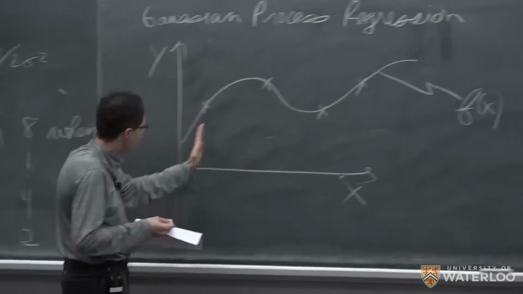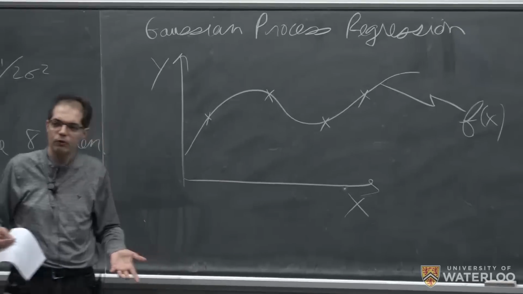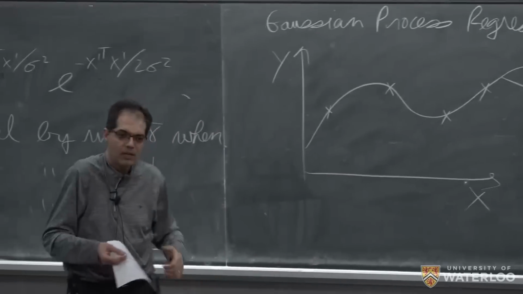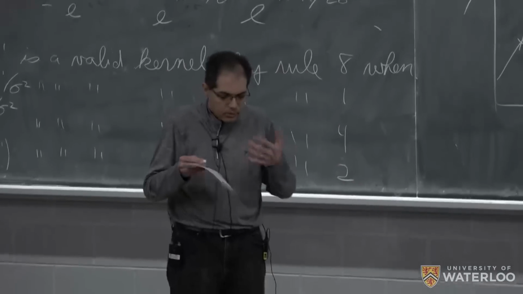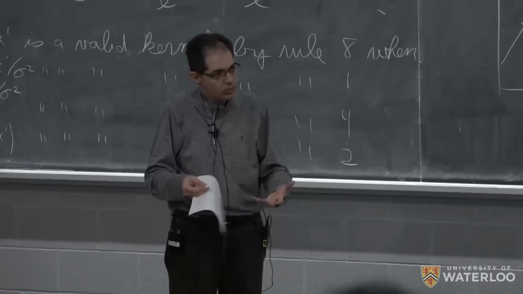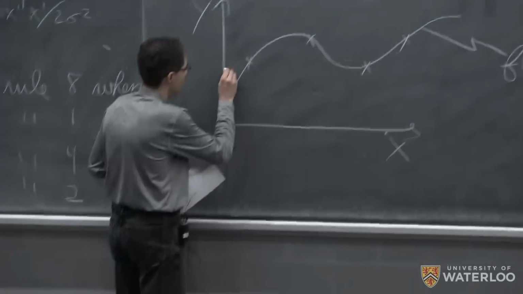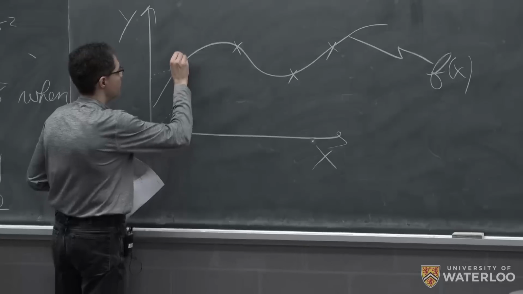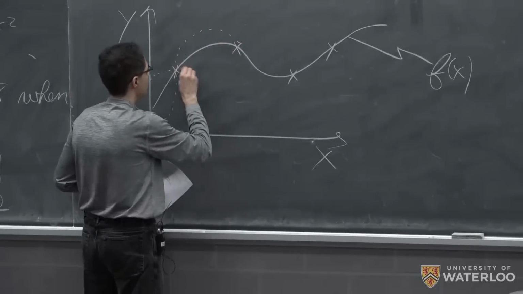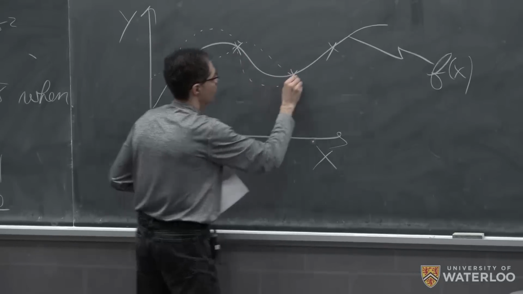But then anywhere in between two observed data points, I don't know where the function should really be going. So what the Gaussian process is going to do is to essentially model this uncertainty with a distribution. And then what I'm going to do now is just draw plus and minus 1 standard deviation that would correspond to some uncertainty around where the function might go.